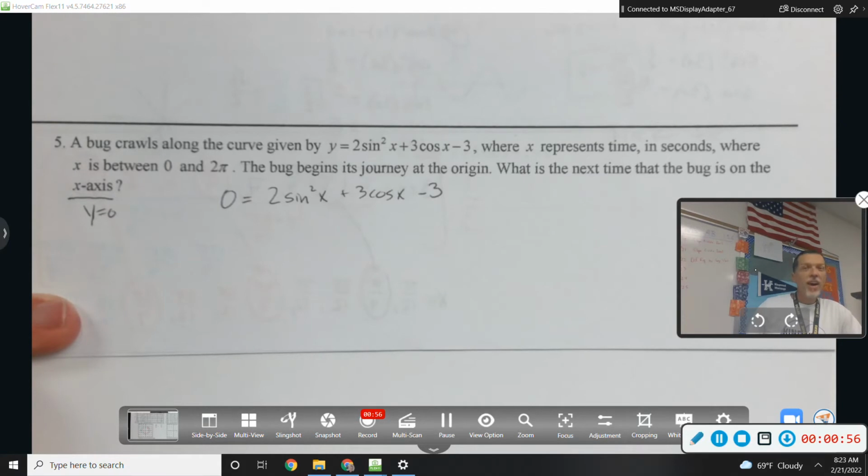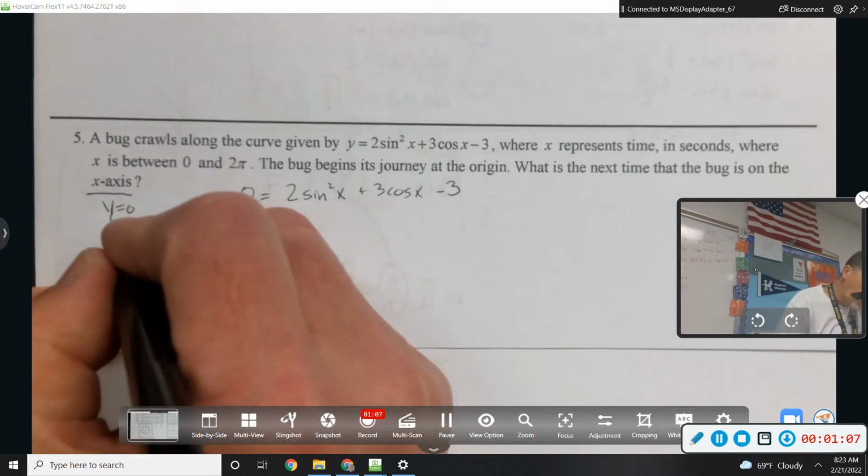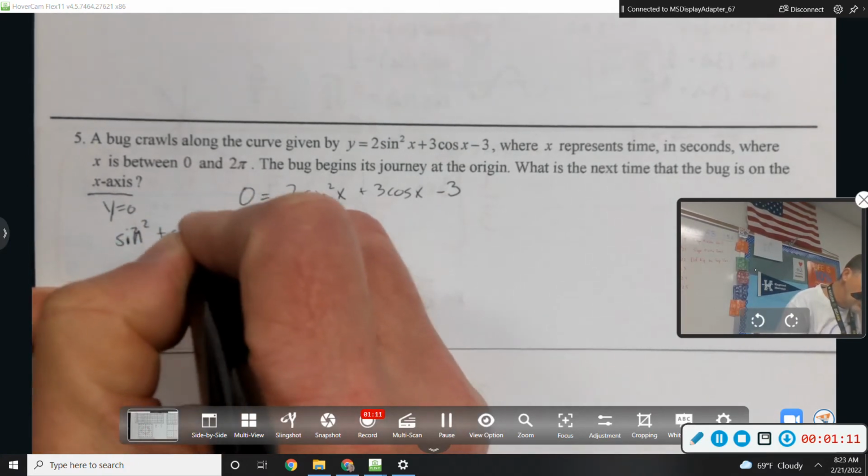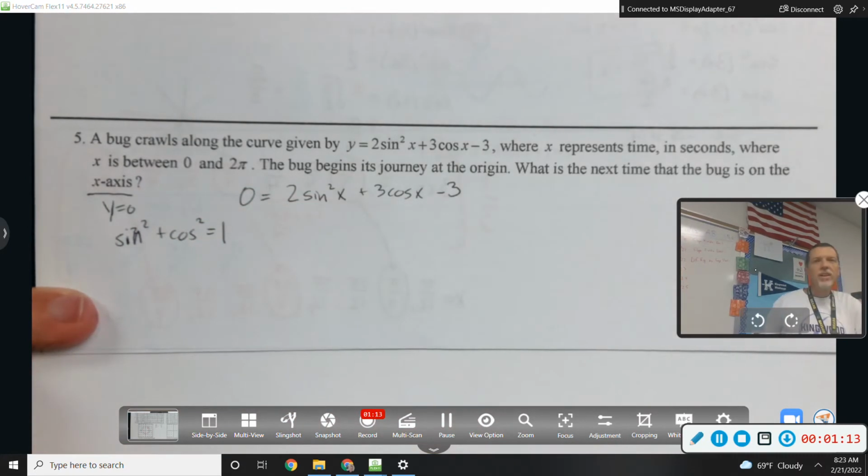I can't factor it because there's sines and cosines in there. So it'd be really nice if I could make a match so I could factor this thing. I seem to remember there's an equation that tells me that sine squared plus cosine squared is 1.